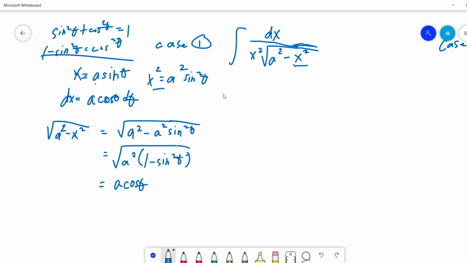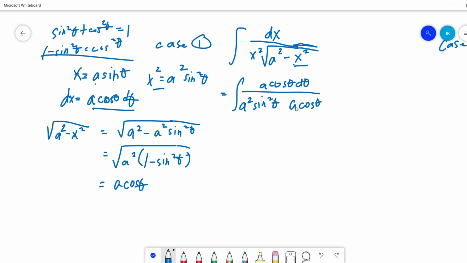Then we are going to substitute the values inside the integrand, in which dx is a cos theta d theta, all over your x squared, which is a squared sine squared theta, and the square root of a squared minus x squared is a cos theta.